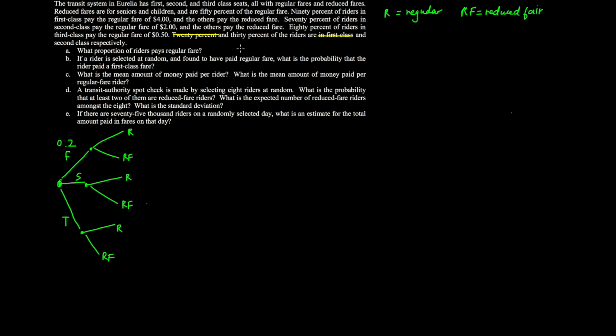And 30% are in second class, because they say respectively, so that means it's one after the other. So here we have 0.3. And because they stem from the same node, these three branches, first, second, and third class, have to equal 1. So this here for third class is going to be 0.5.